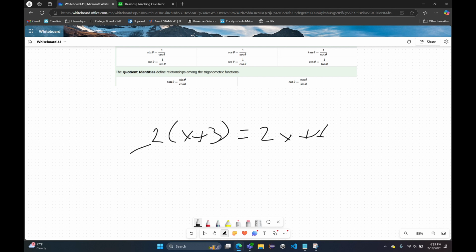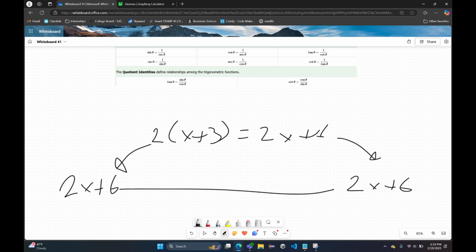So from here, all you got to do is just take the left-hand side and take the right-hand side separately. Make sure you take them separately, and you have to make sure you come to the exact same numbers. So you get 2x plus 6 here, and you have 2x plus 6 here, and we can see that these both equal each other, which means the identity is proved.